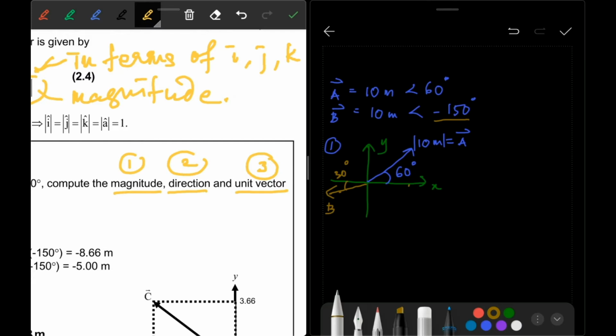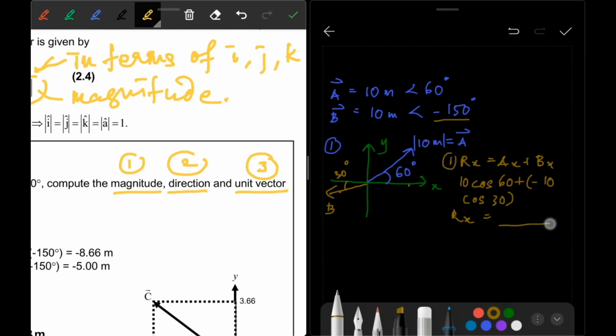So to find the magnitude, the first step is you have to find Rx equal to Ax plus Bx. Ax is 10 cos 60 and then plus Bx, plus means minus, because it is towards the negative x-axis, minus 10 cos 30. So here you will get Rx.